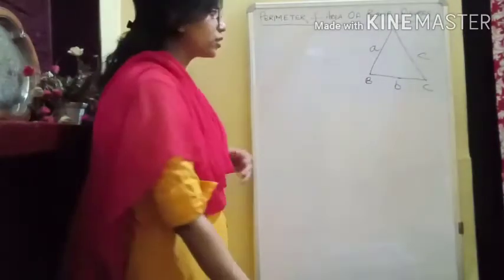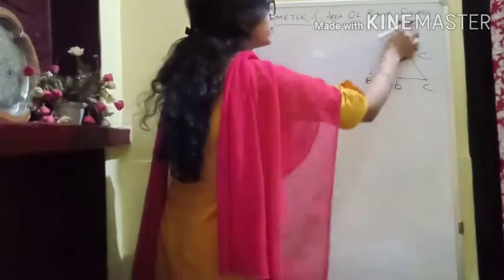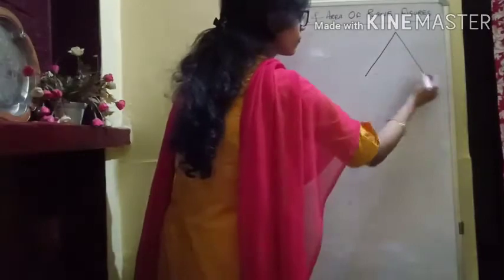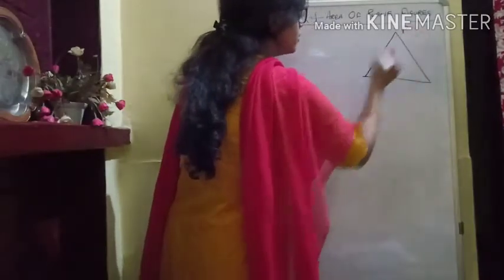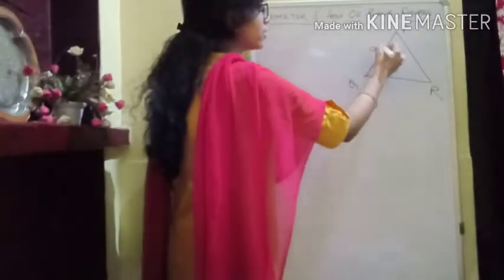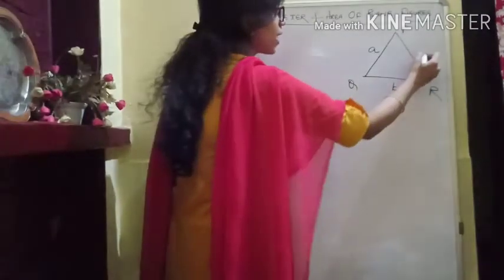Instead of taking this, I think I should give another name. Okay, now let's take a triangle, say PQR, and in this triangle the lengths of the sides are given: a, b and c.